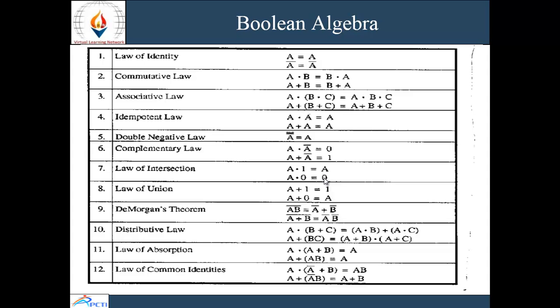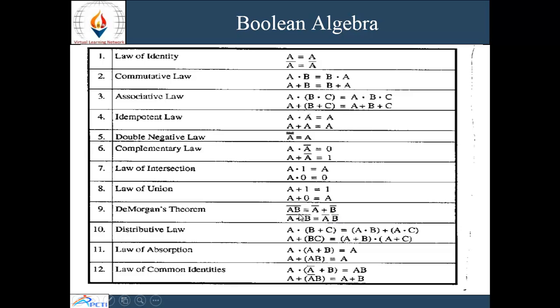Next is De Morgan's law. De Morgan's law states that if you want to break the whole complement, that is (A B) whole complement, then A and B will be converted into A complement or B complement and the complement will be divided. Similarly, (A plus B) whole complement, if you want to break this whole complement, then A complement and B complement will be there.